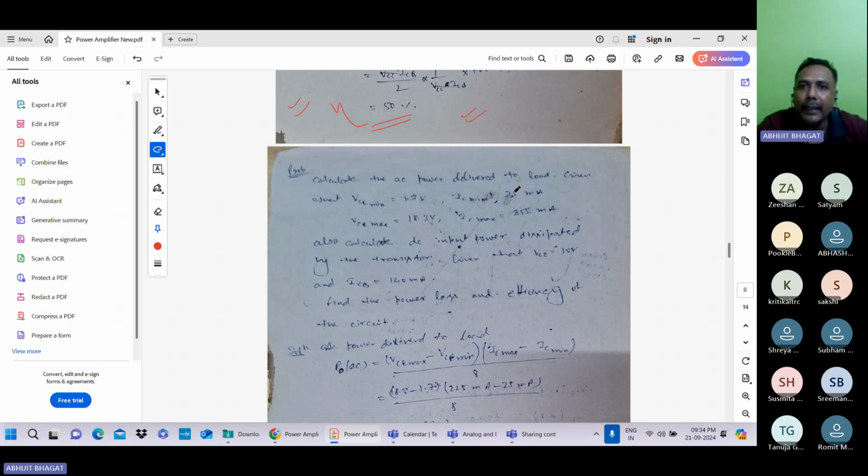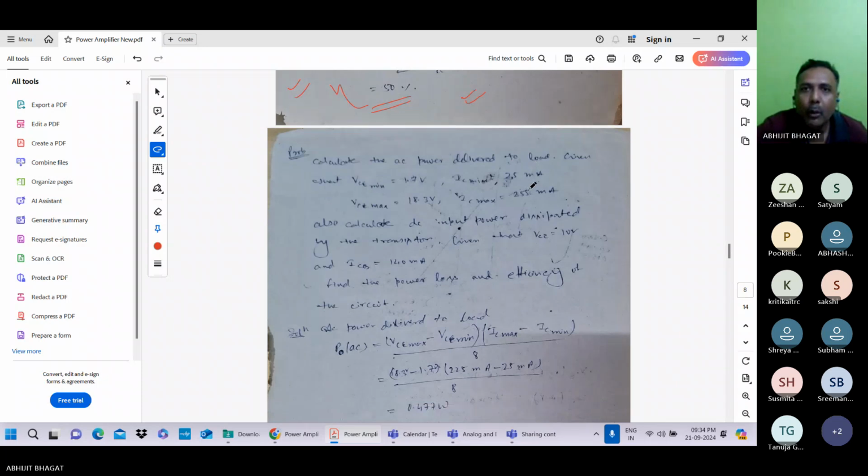Up to this, okay. Next is one problem from this topic. Calculate the AC power delivered to load given that VC min value is given, IC min value is given, VC max value is given, IC max value is given. We have to find out what? Calculate the AC power delivered to load. Achha. What is the power delivered to load?